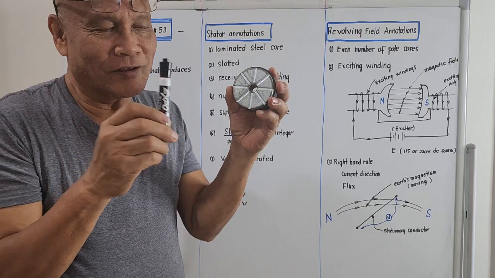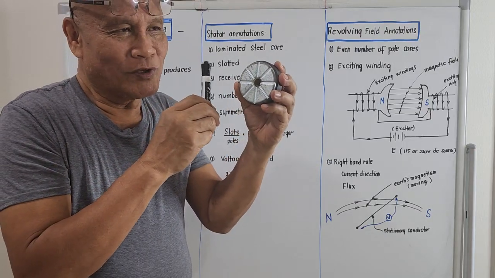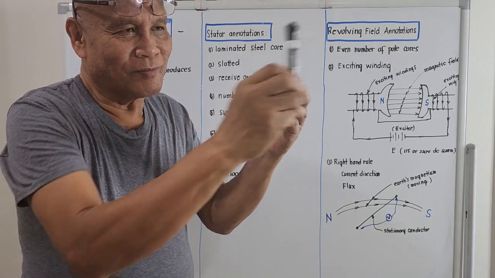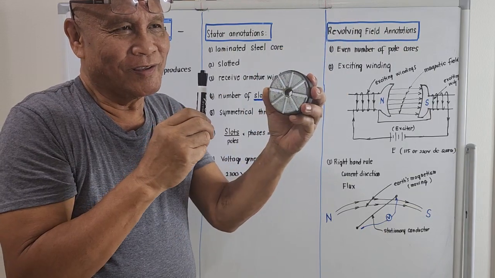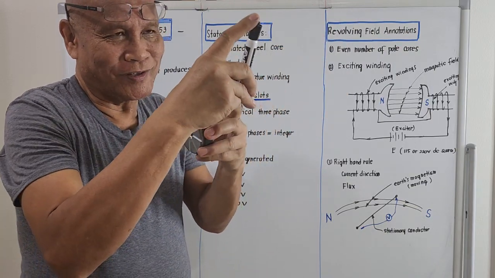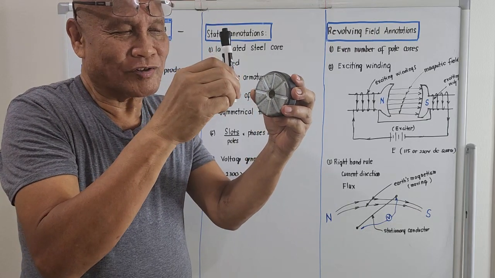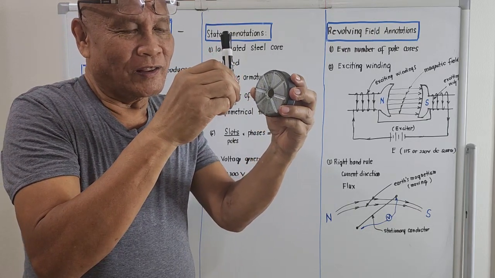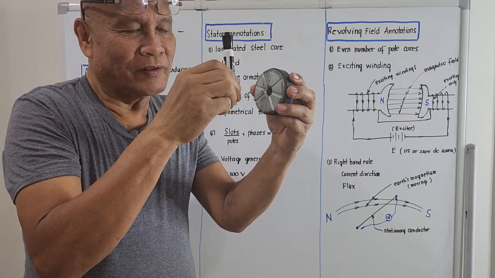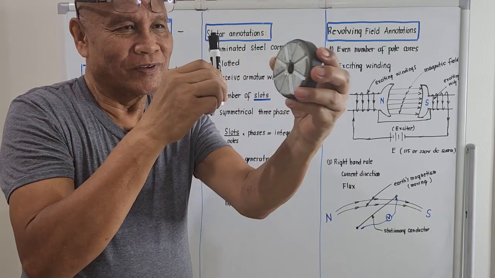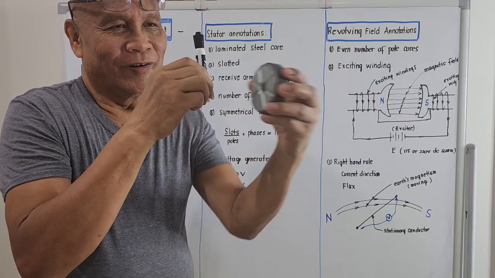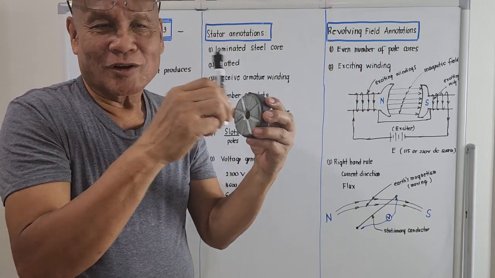To produce alternating current, it's either that we move this conductor near this magnetism, and we produce a voltage across it, or we make this conductor stationary, and the one that we will be moving near this conductor is the magnetism. So it's the other way around.